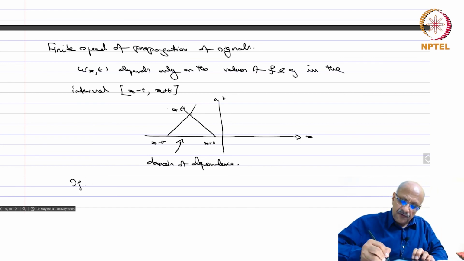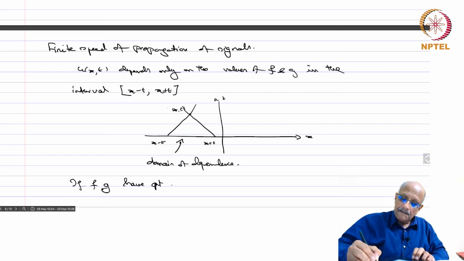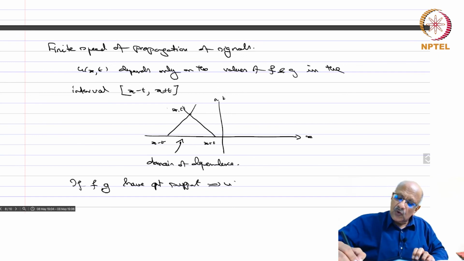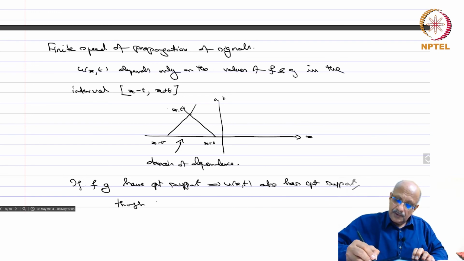Then if f and g have compact support, this implies u(x,t) also has compact support, though the support expands with t.